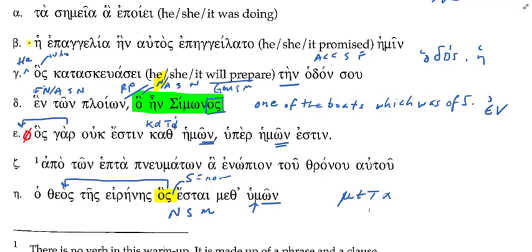Because when all you have is "who will prepare your way," the key makes it sound like it could be a question, right? If it's a headless relative clause, then you need more than just "who will prepare your way." You need something like "he who" or "the one who will prepare your way."